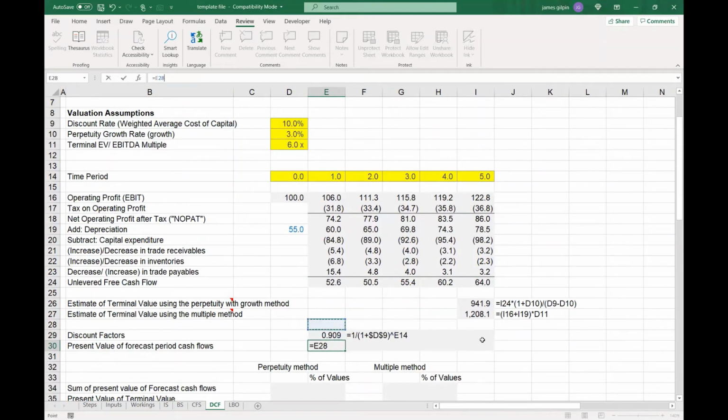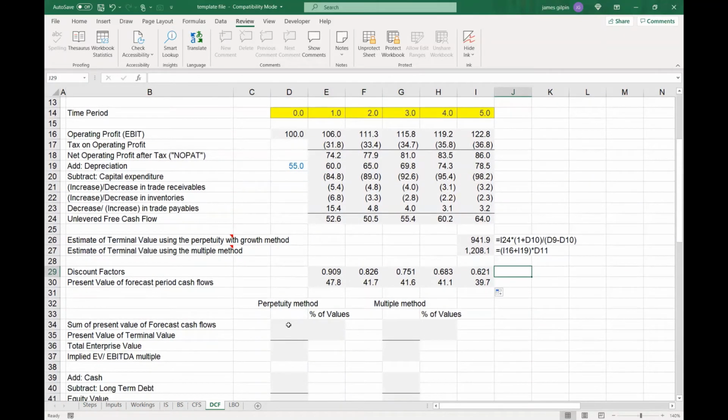To express my year 1 unlevered free cash flow in today's money terms, I want to apply it to the discount factor. And there we have it. It's worth only 47.8 to me today because I have a 10% cost of capital. So again, I'm going to copy those formulas across into year 5.